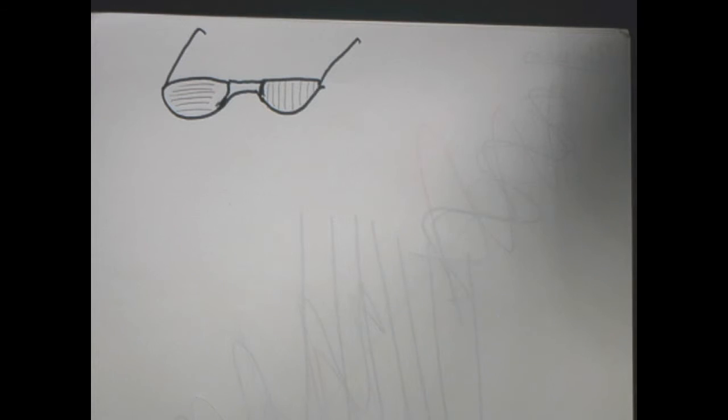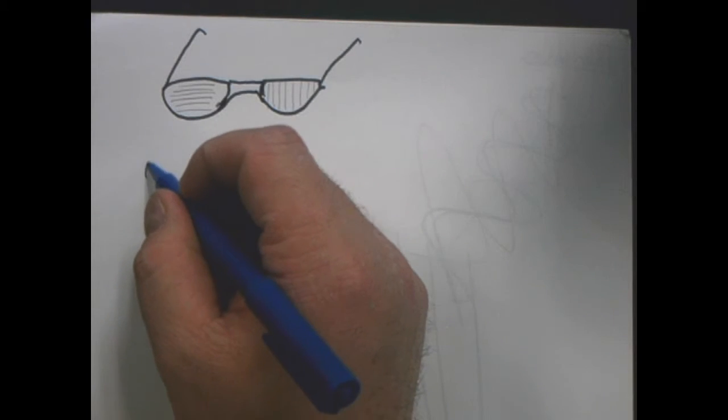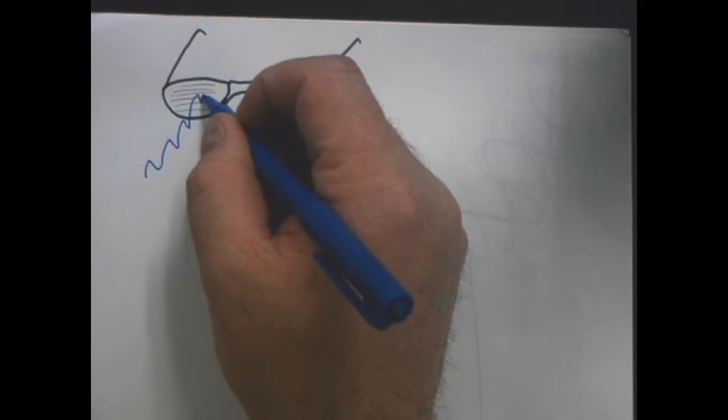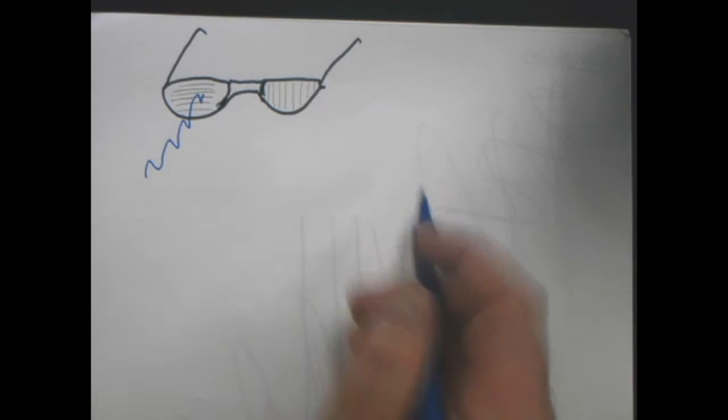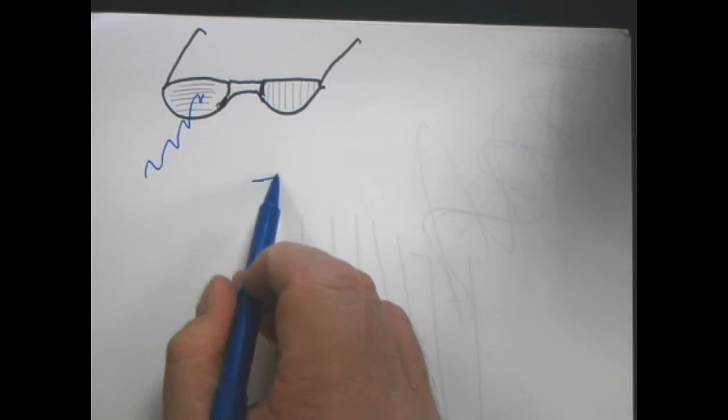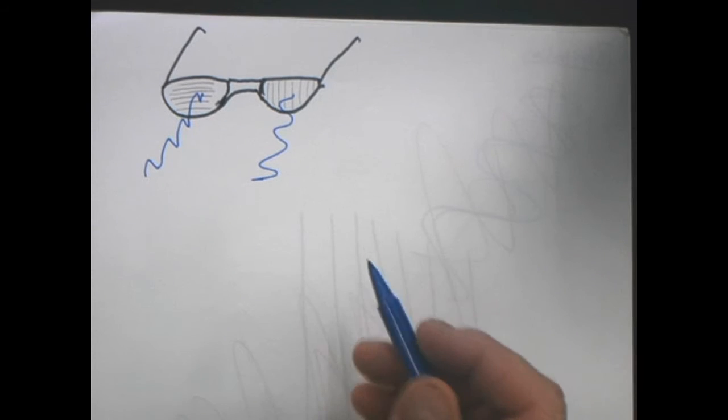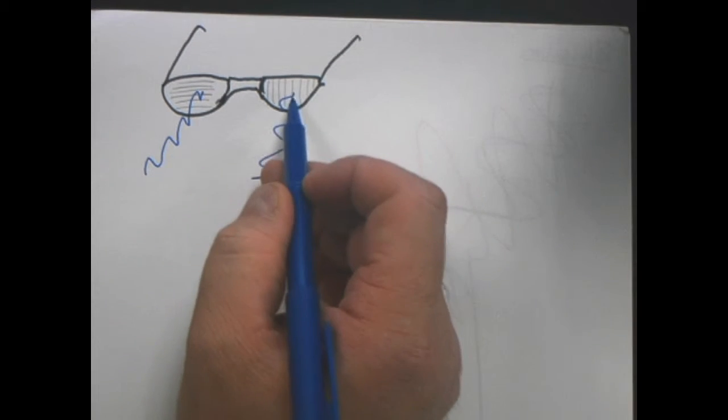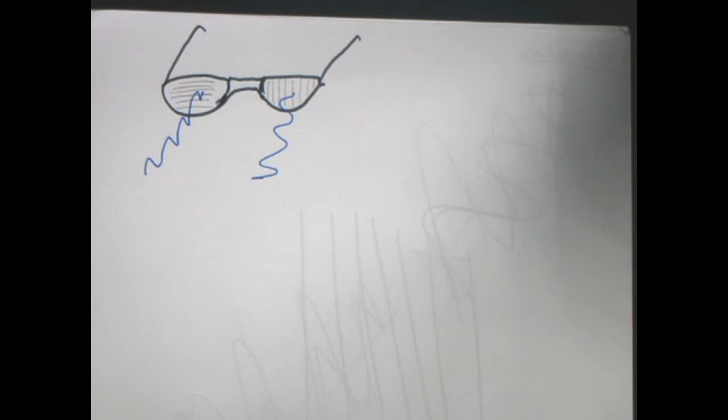Because if you have a filter in this direction, light that is traveling up and down can't go through. And if you have light that's traveling side to side, it can't go through a vertical filter. Only light that's up and down can go through a vertical filter, and only light that's side to side can go through a horizontal filter.